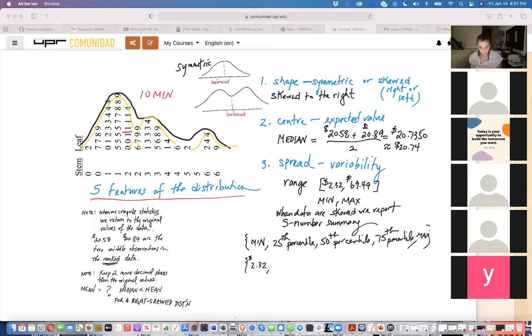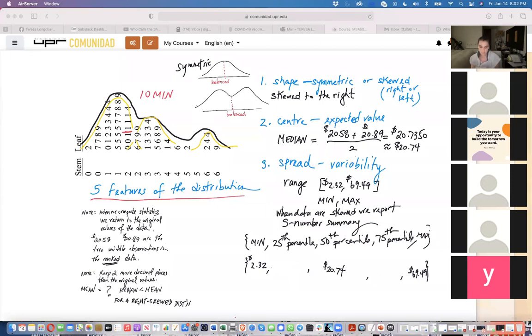We don't know the 25th percentile. What about the 50th percentile? Do we know that? And then we know 69.49. We know the 50th percentile because we just calculated it: 20.74. So all we need to do is get this one and this one.